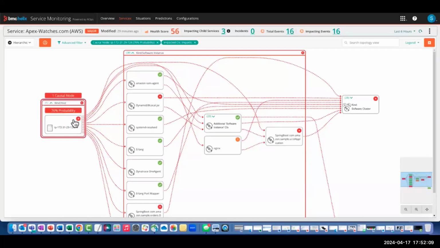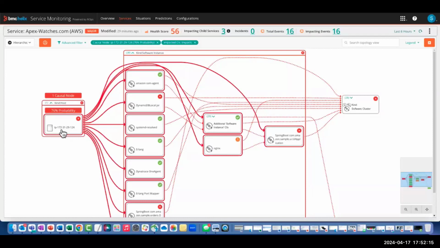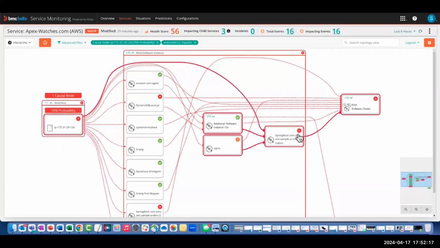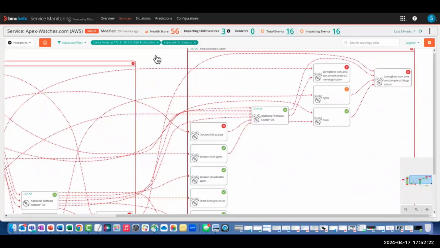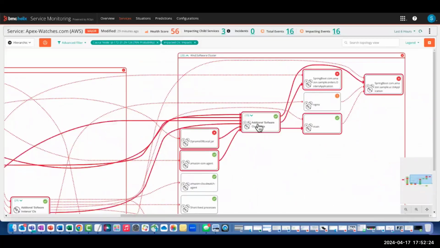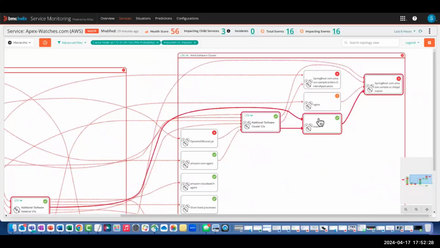So if I'm going from here, this is affecting this, which is affecting this. This is also being affected by this host, all the way down to the software cluster, which I can also expand. And I can see how everything comes back and goes into the different software components.